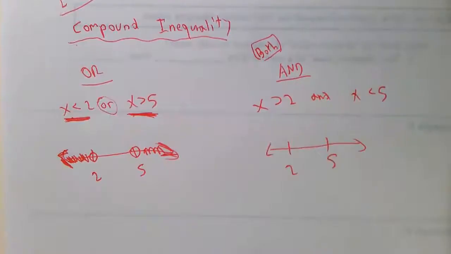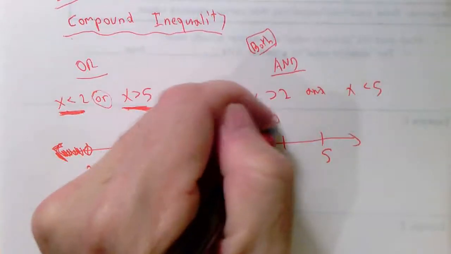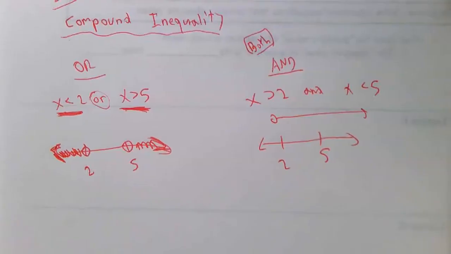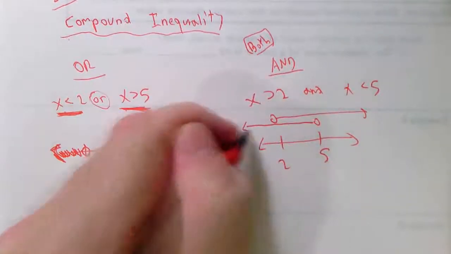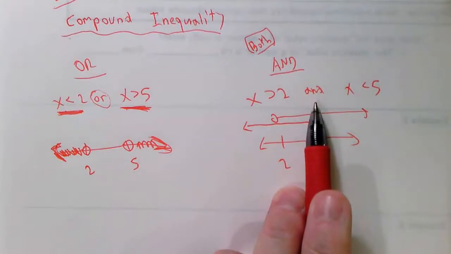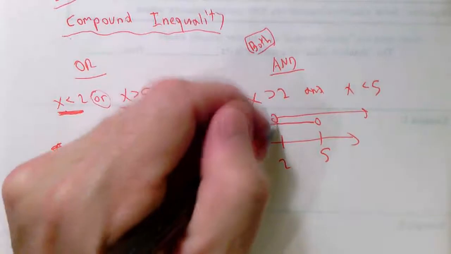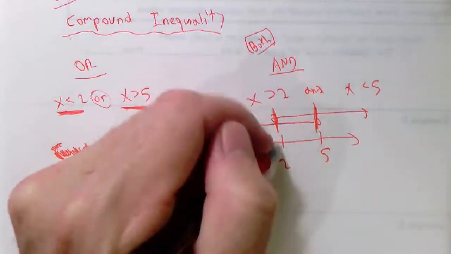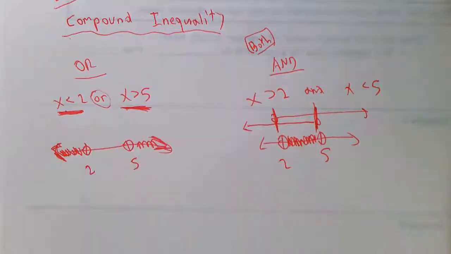So you see we have the same two numbers, but now greater than 2 would be all of these, right? Less than 5 would be all of these numbers. But for an AND sentence, we only want to include the numbers that make both parts true. That would be this part where they overlap each other between 2 and 5. Those are the numbers that are greater than 2, but also less than 5.